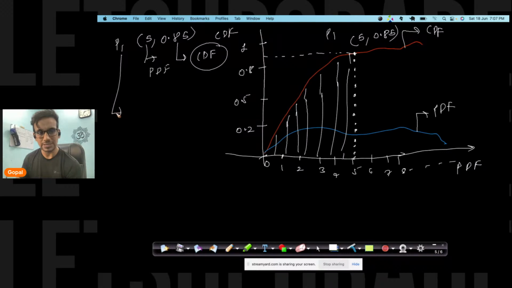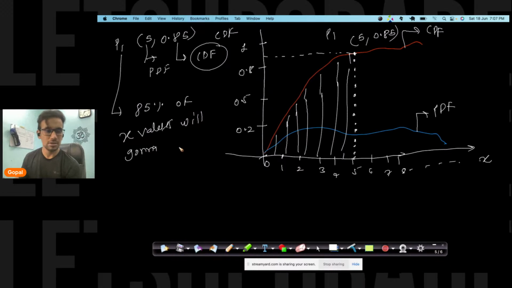What I can say here in plain English is, 85% of my PDF values, or sorry, this is your PDF, or I can simply write here as X: 85% of my X values are going to be less than 5.